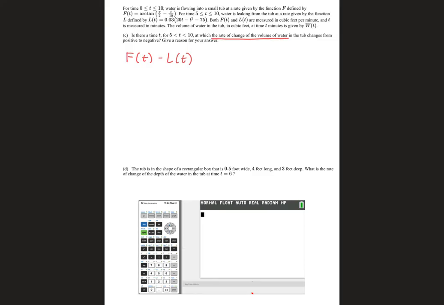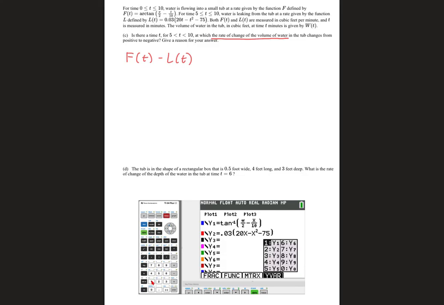Okay, so I'm going to look down in the calculator. I could have done this earlier, but I'm going to unhighlight these equal signs because I don't want to graph these, but I do want to graph the difference of these. So that's y1 minus y2.